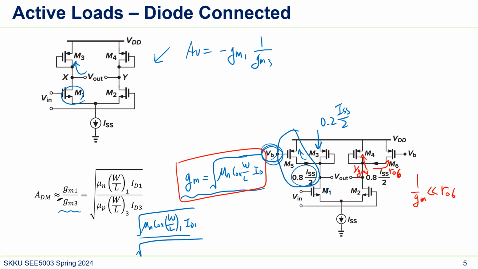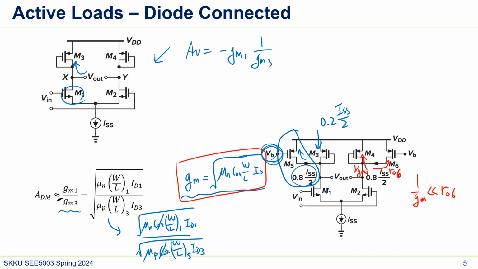So that's why we can just ignore this output resistance. So this would be mu p, because M3 is PMOS. Mu p, same Cox, W over L3, ID3. That's what it is, because Cox is common.